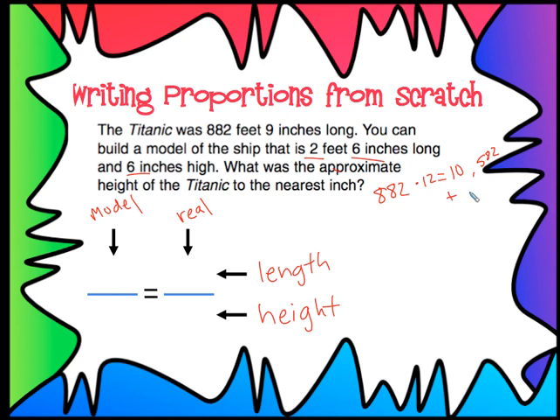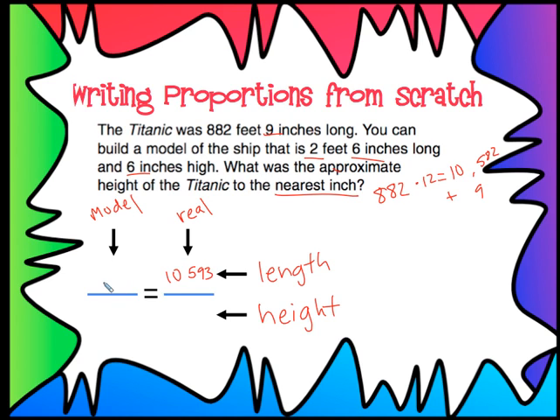And then we need to add the 9 to that because we have this 9. So plus 9, and we get that the length of the real one was 10,593. Now the reason I put that in inches is because it wants the height. What was the approximate height of the Titanic to the nearest inch? So we won't be using feet.